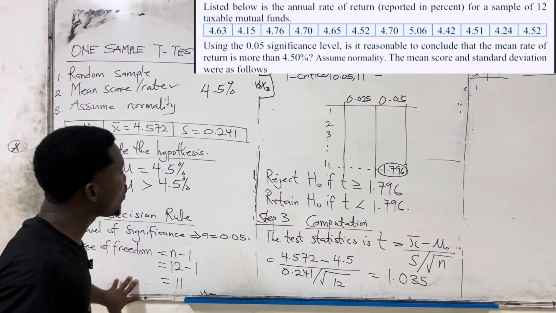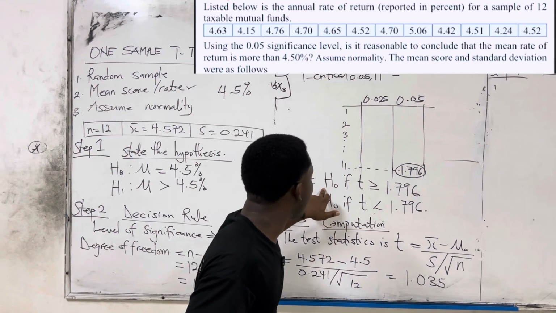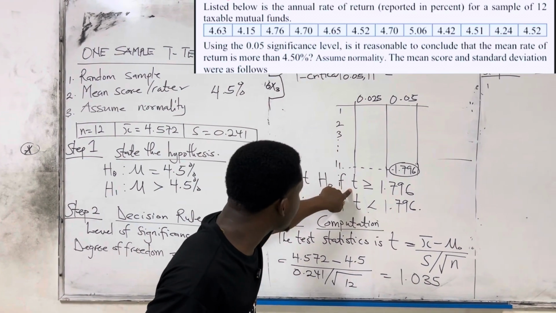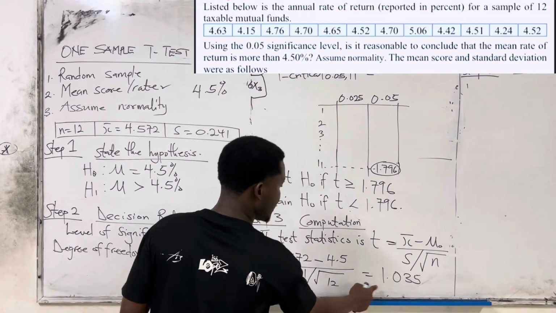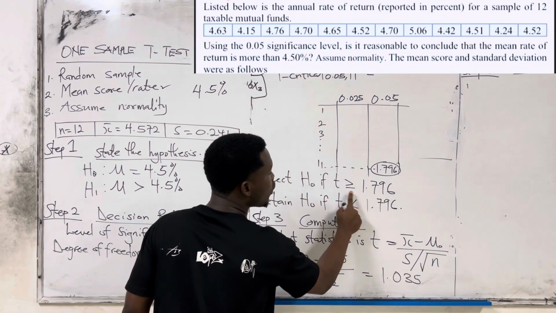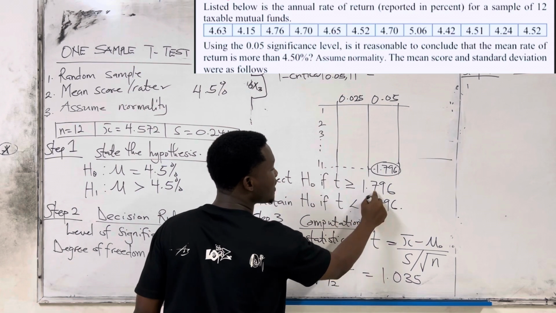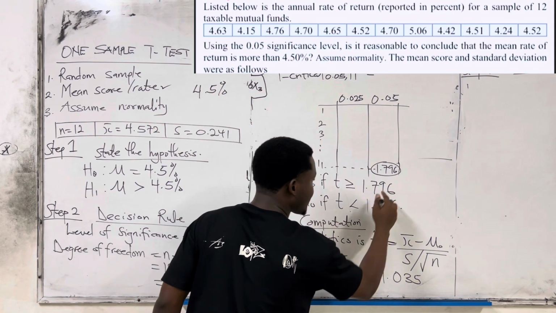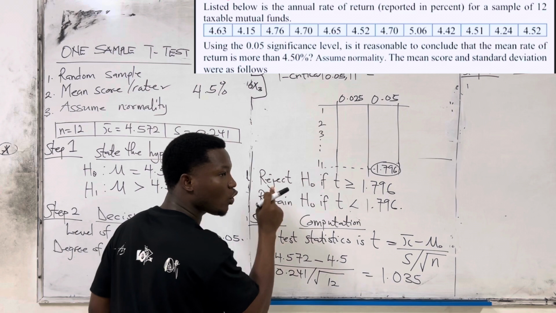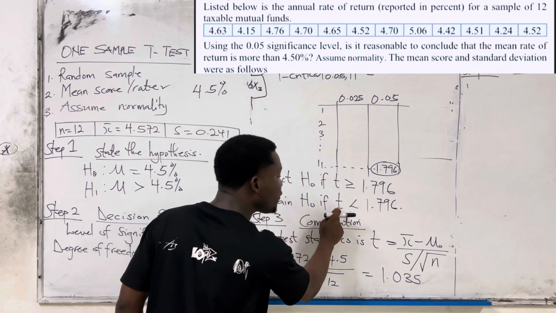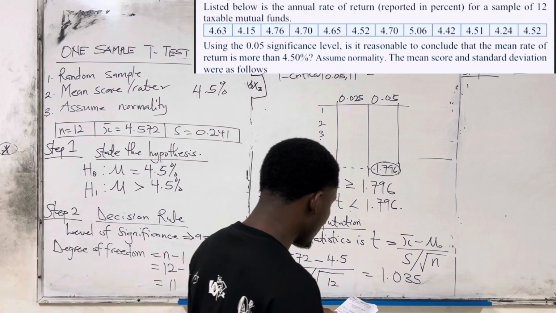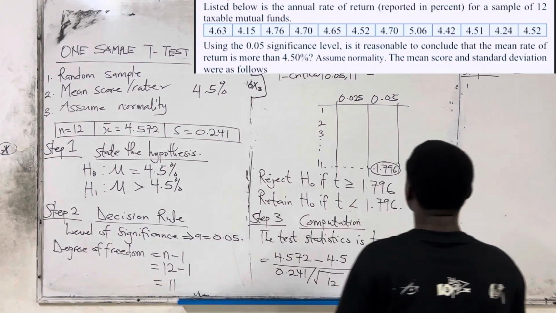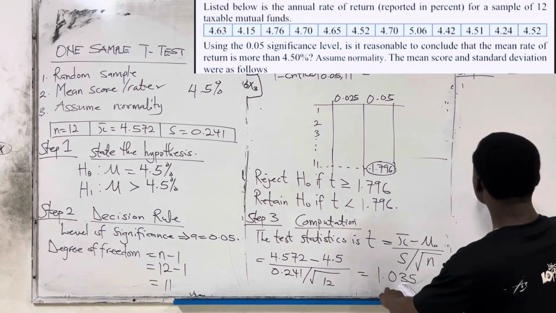We reject the hypothesis if the t value is greater than or equal to this value, which is 1.796. And we will retain or accept the hypothesis if the t value is less than 1.796.